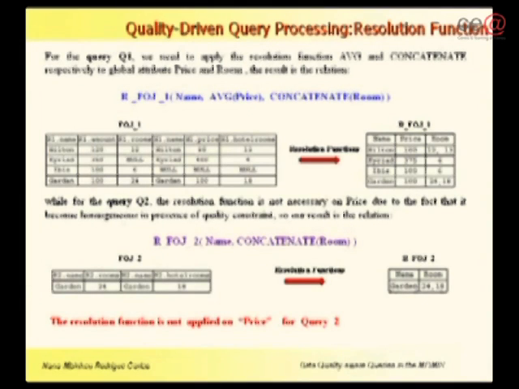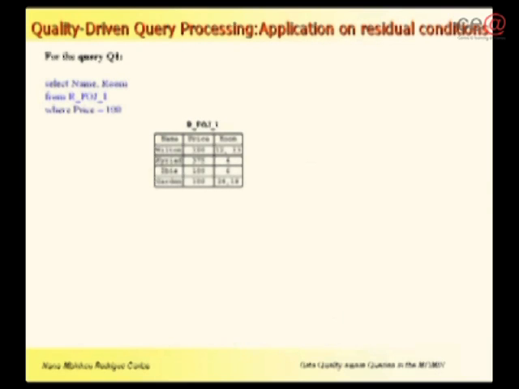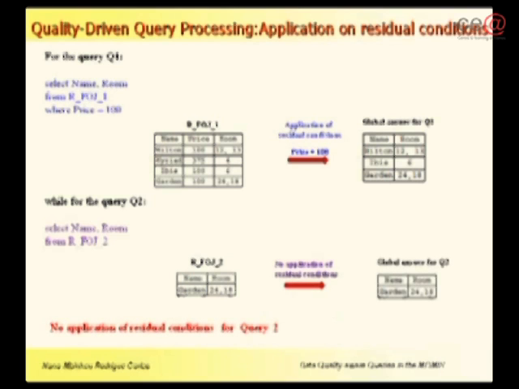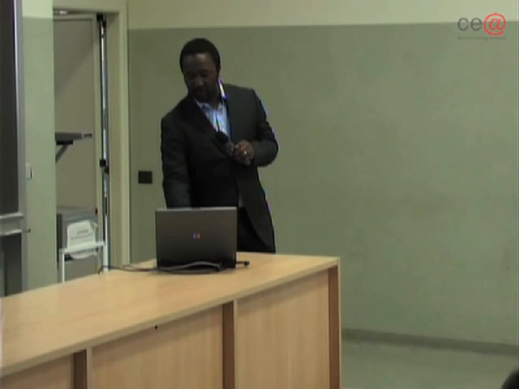That is the full join simplification. In query 1, we applied a residual condition, and in query 2, where we add the quality constraint, we do not have to apply the residual condition.